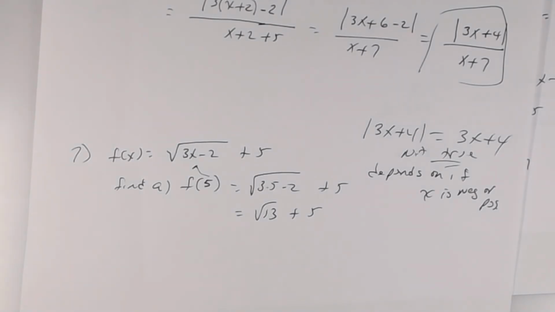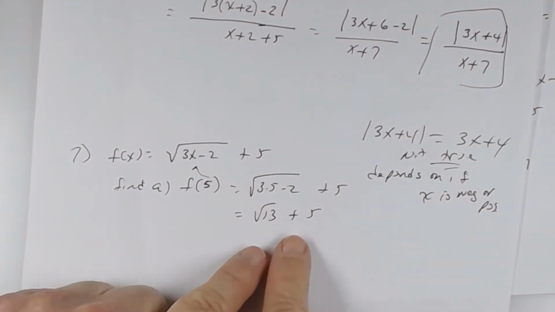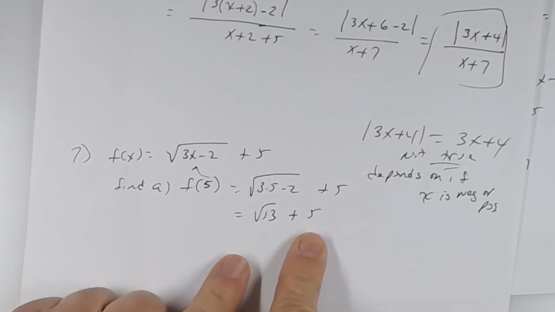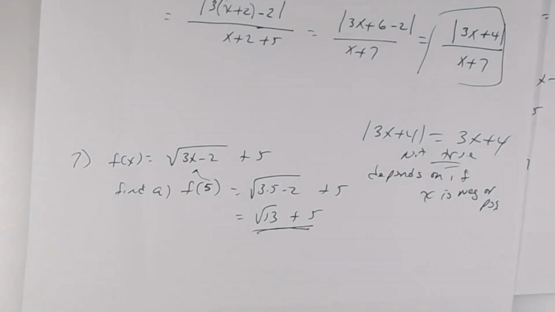No, don't say that's the square root of 18. Those are not like terms. You can't combine those. Don't say that's also 5 times the square root of 18, because that's not true. That's 5 plus the square root of 13. That's your answer. Leave it like that.